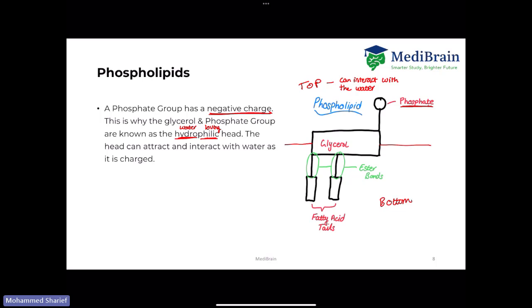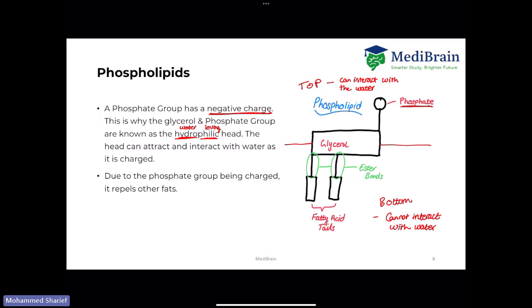This part can interact with water and it can allow water through, and it can sort of mix with water and it can touch water, everything like that. This bottom part cannot interact with water. Okay, so half of it can interact with water and half of it can't interact with water.